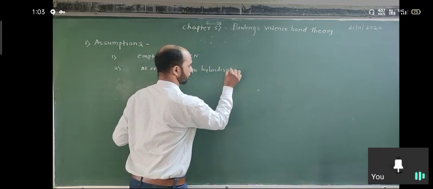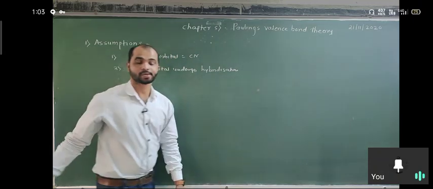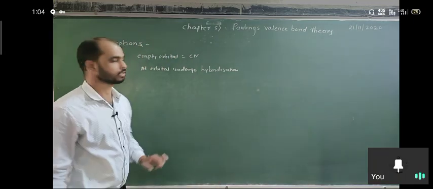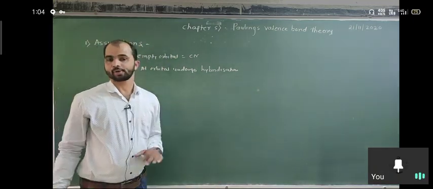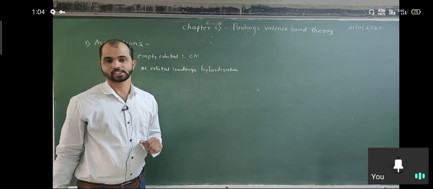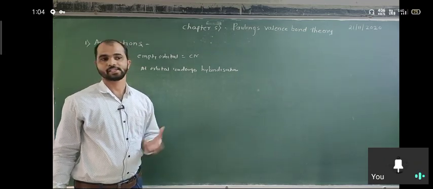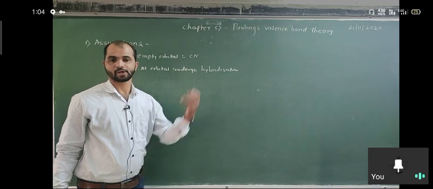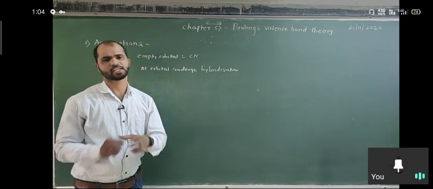Why do atomic orbitals of the metal undergo hybridization? Because the atomic orbitals of the metal have different energy, and if there is a different energy, ligand orbitals overlap with metal orbitals in a different way.